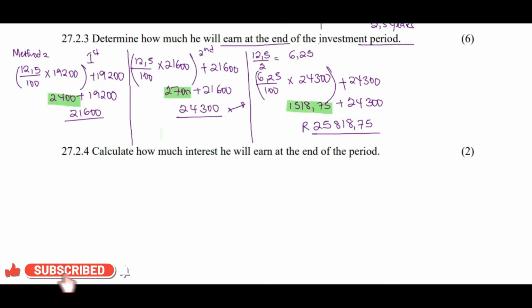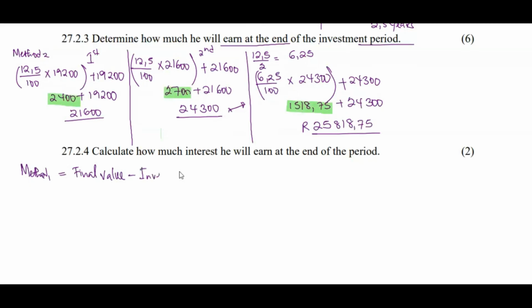But if you've used method 1, you get your final answer minus the invested money. I will say interest from method 1. You take the final value minus the invested amount, which will equal, okay, you can write it down here.